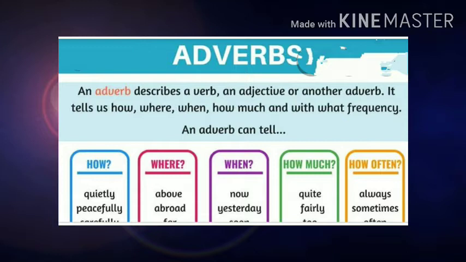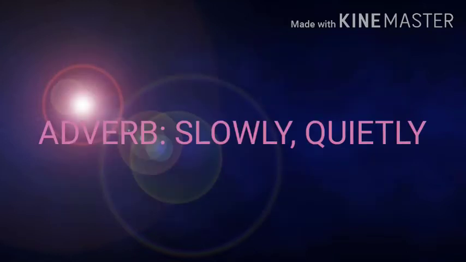For example, Ravi was driving the car slowly. The students were sitting quietly. In the sentence Ravi was driving the car slowly, slowly is a word which qualifies the verb. Driving is the action that was involved in the sentence.